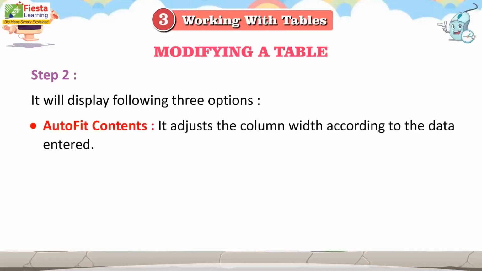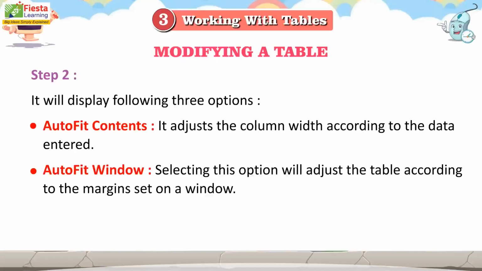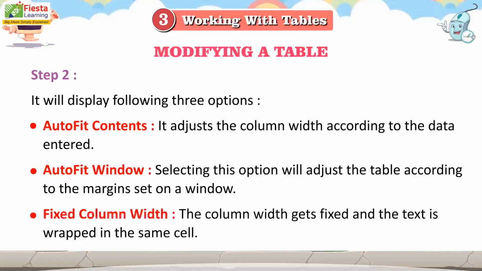Auto-fit contents. It adjusts the column width according to the data entered. Auto-fit window. Selecting this option will adjust the table according to the margins set on the window. Fixed column width. The column width gets fixed and the text is wrapped in the same cell.